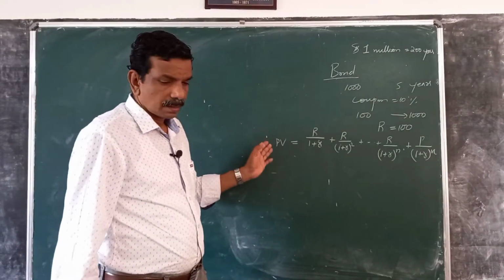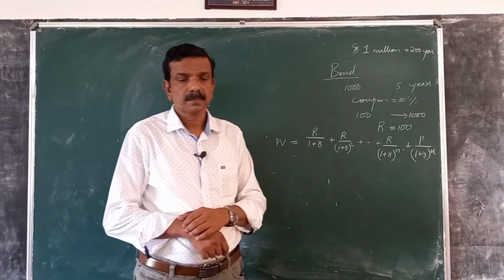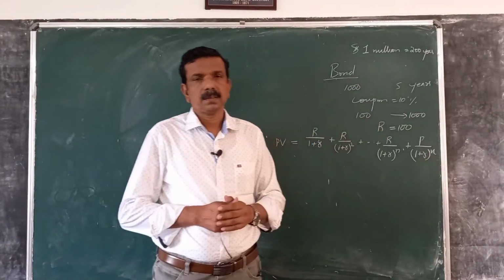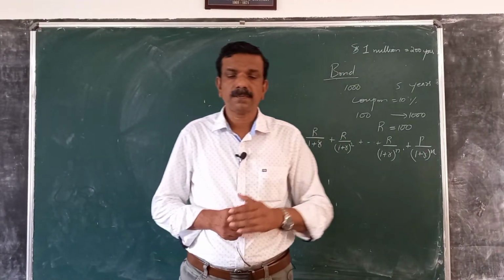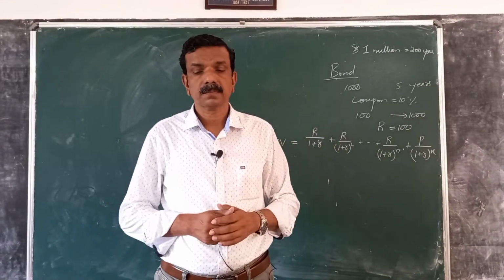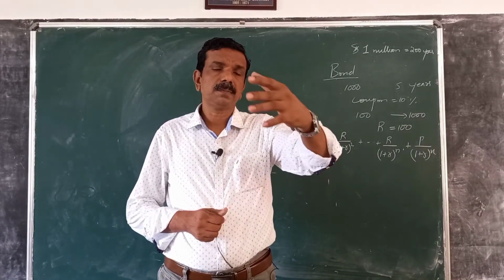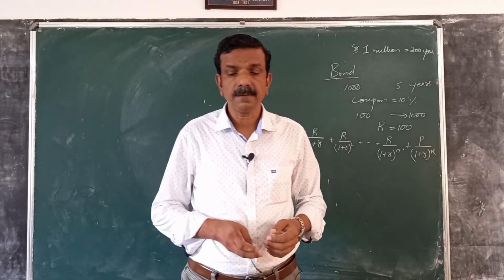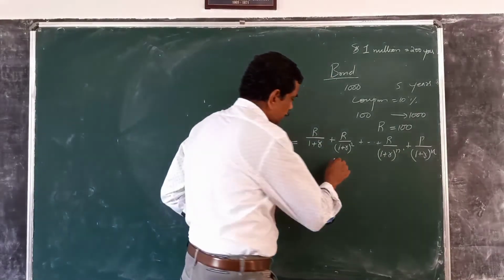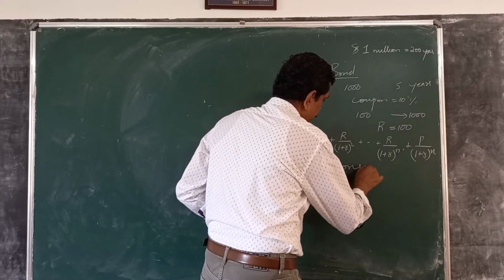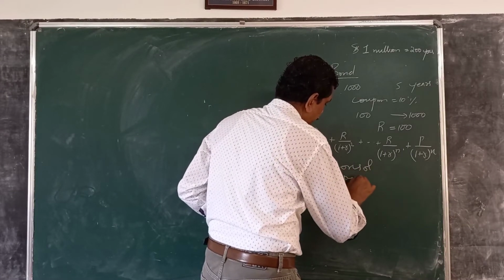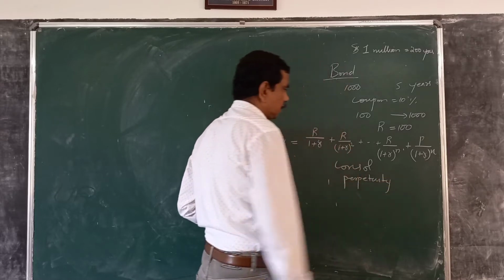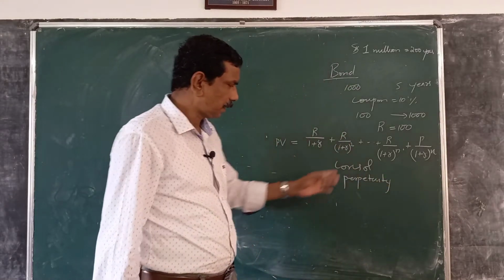Now, if we assume that the maturity date of the bond is far off in the future, that is an infinite maturity, a maturity of 30, 40, 50 years, etc., it is called a console or a perpetuity.